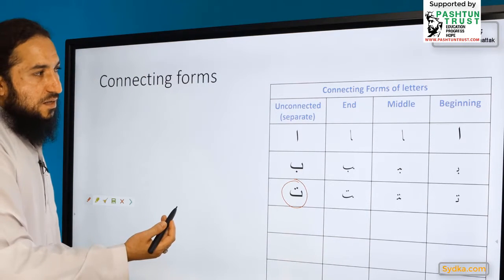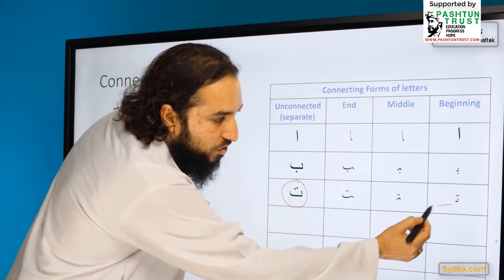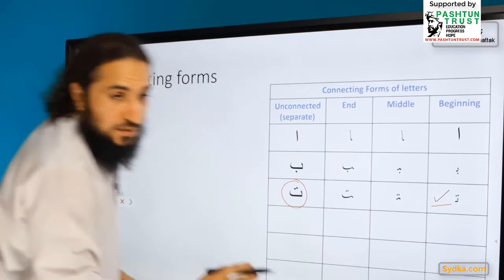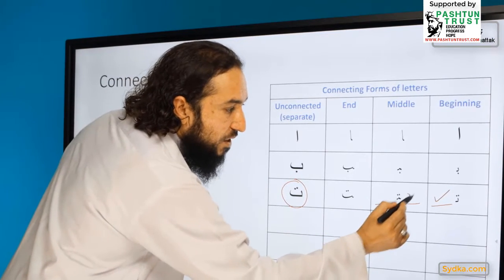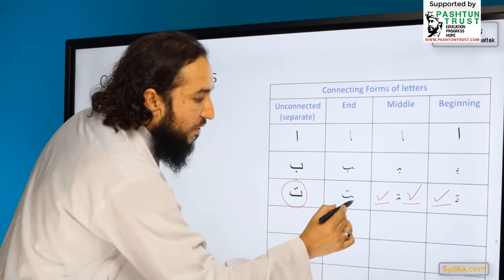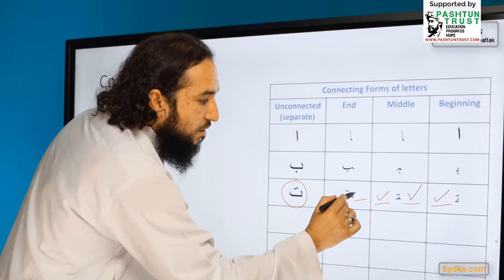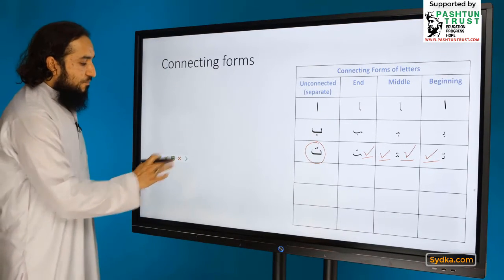When it is written separately, it looks like this. If it's in the beginning, then you can connect other letters after it. If it is in the middle, then you can connect other letters before it and after it. If it comes at the end of a word, then it can connect other letters before it. So it is a connecting letter.